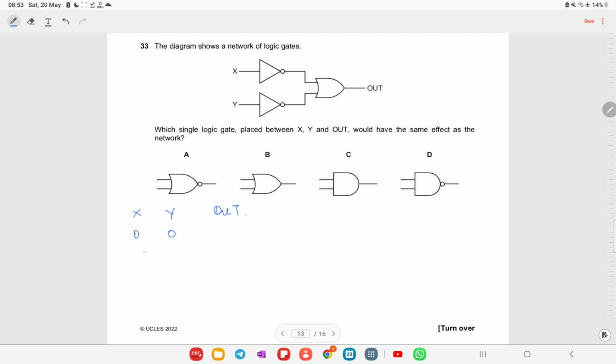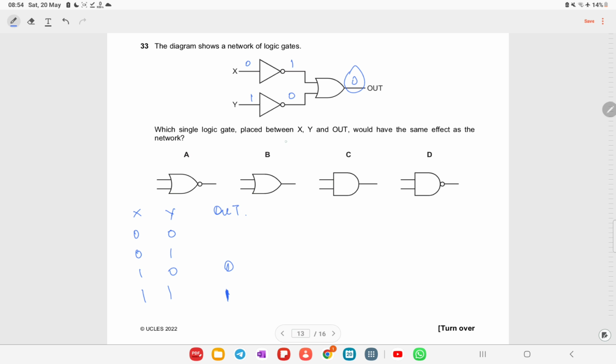If you put 0 0, 0 1, 1 0, 1 1, what will you get? 0 0 will turn into this, then this is going to turn into 1 1, and that is going to convert. So you will get one output over here. Now if we change this, let's say 0 1, and 1 0 will give you 0.